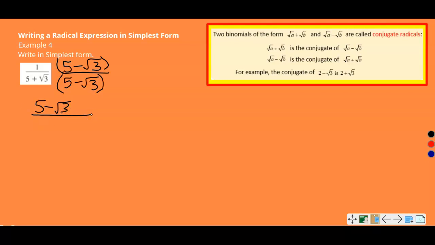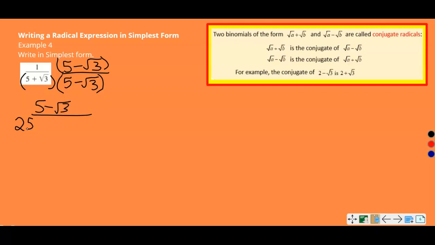And then on the bottom, we have two binomials, so you have to do distributive property, or some people call it FOIL. So 5 times 5 is 25. 5 times the negative square root of 3 is negative 5 square roots of 3. And then the square root of 3 times 5 is positive 5 square roots of 3. So again, the middle terms cancel. I'm not going to write those down.